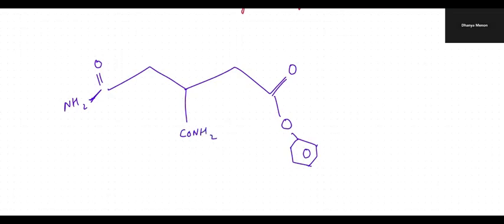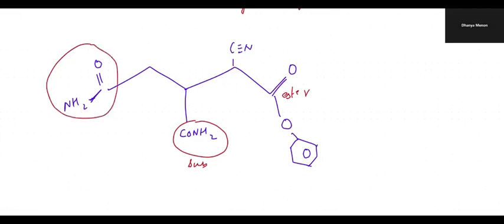This is cyanide group. So here you have an ester, CONH2 amide, which is a substituent. Here also, this also is a substituent. CONH2. Okay, so this is also a substituent.